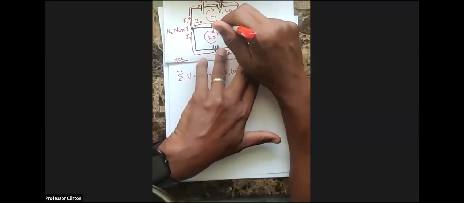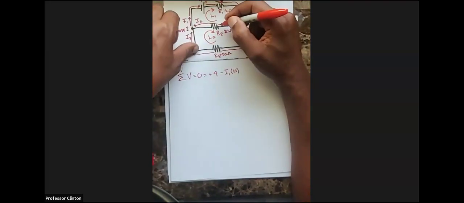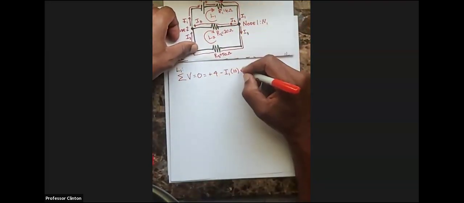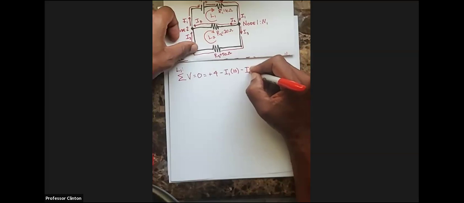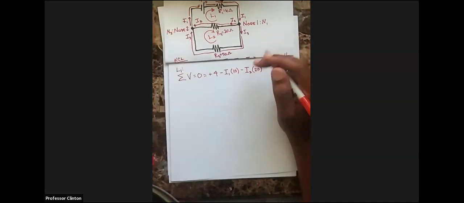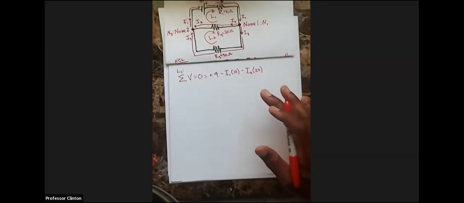If the current were going in the opposite direction, there wouldn't be a voltage drop. There would be a voltage gain. But in this case, there's a voltage drop of negative, use Ohm's law, I2 times that resistance of 20. So we have this equation.